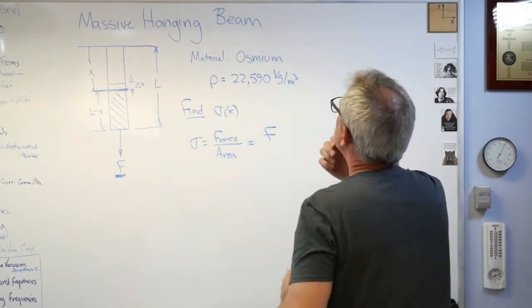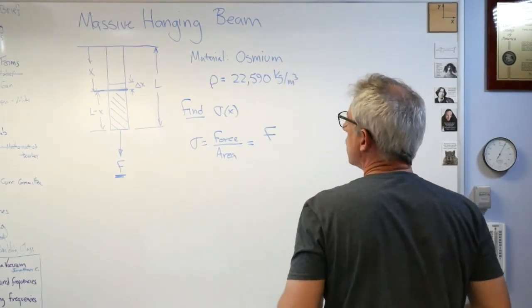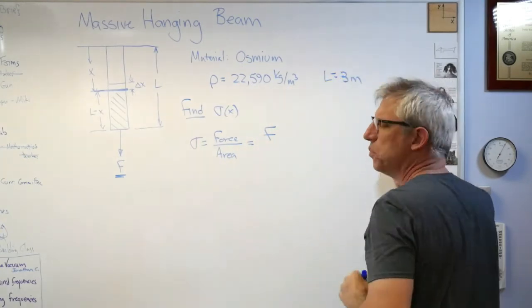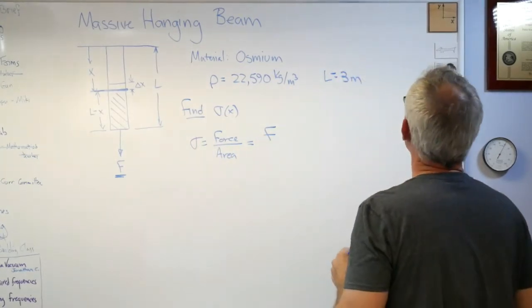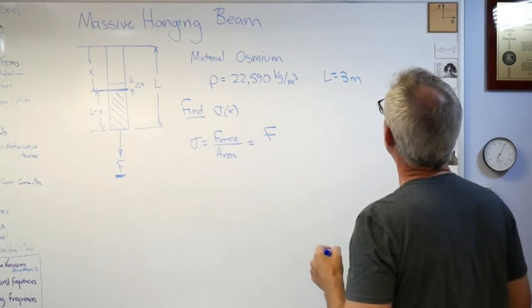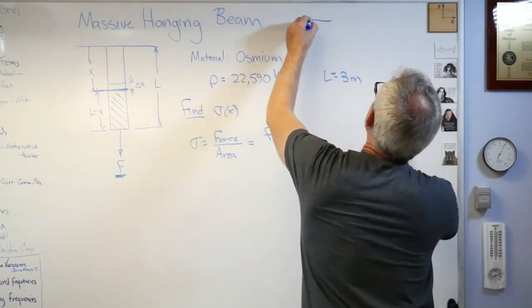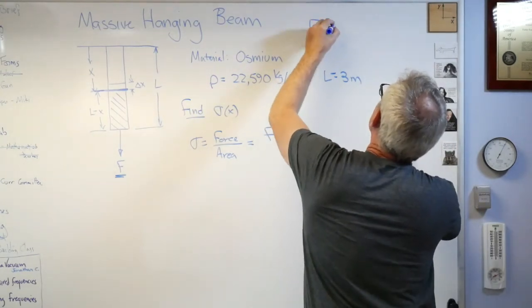Now I'm going to need some more dimensions here if I'm going to make this work. So let's say L is 3 meters. So it's pretty long, 10 feet or so. And I want a cross section of the beam, so let's say it's square.